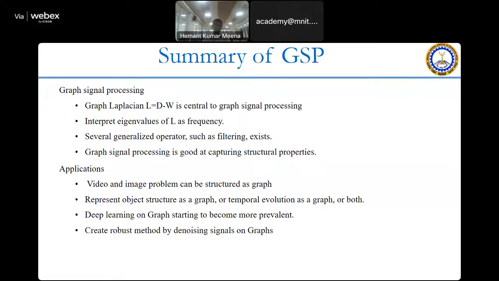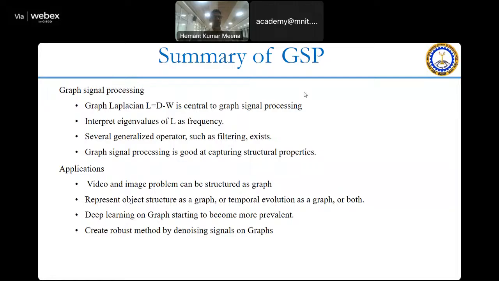Thereafter we can say that all the generalized operators like filtering also work, and the graph signal is good at capturing structural properties. What do you mean by structural? It means that neighborhood information can be very well taken if we are able to represent the signal in the form of a graph.